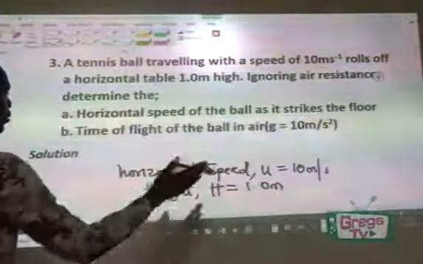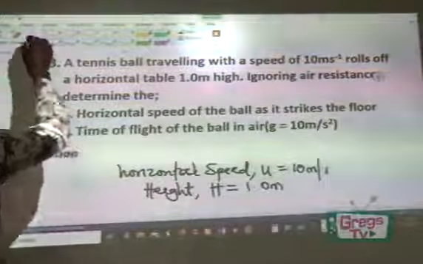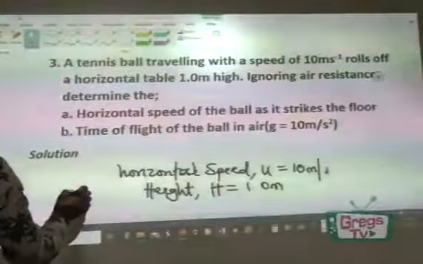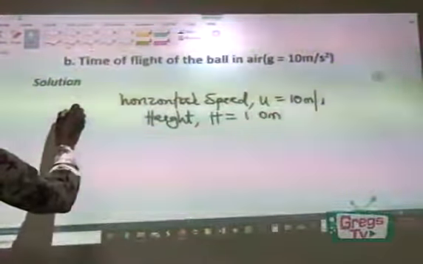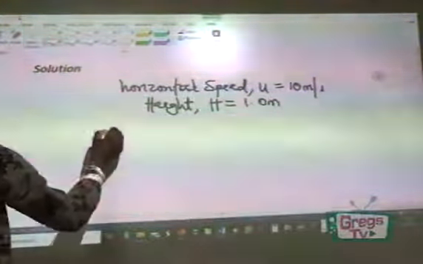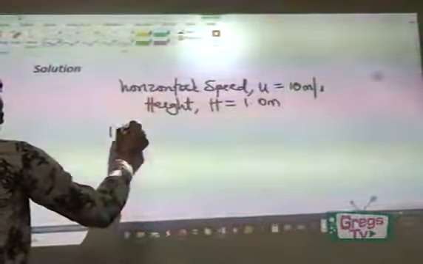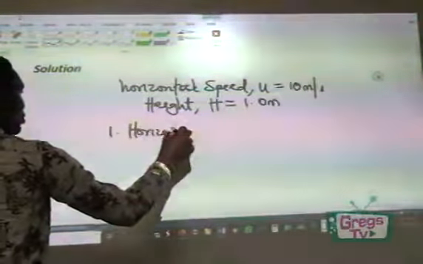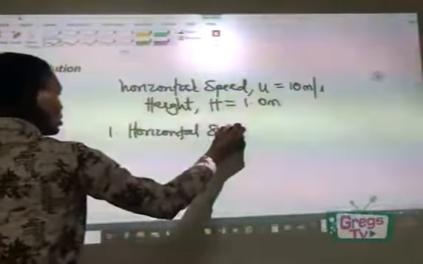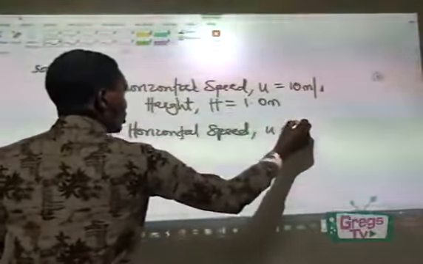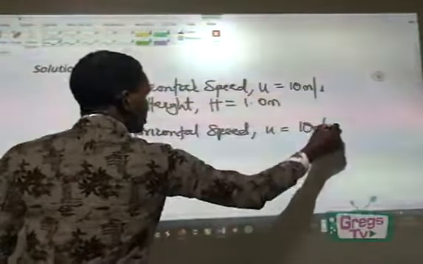Then the time of flight of the ball will be the time you get from using h equals half gt squared. So number 1, horizontal speed, 10 meters per second.